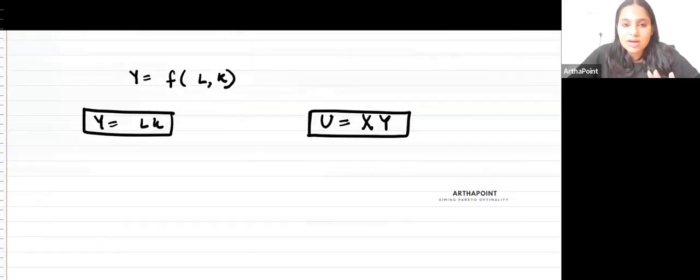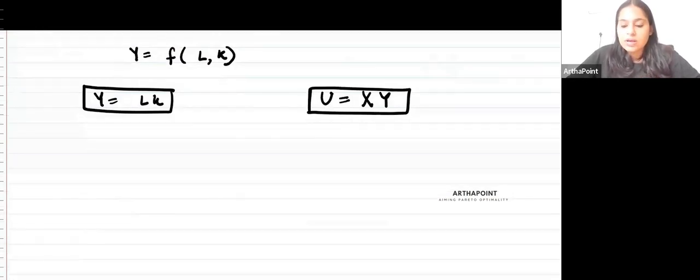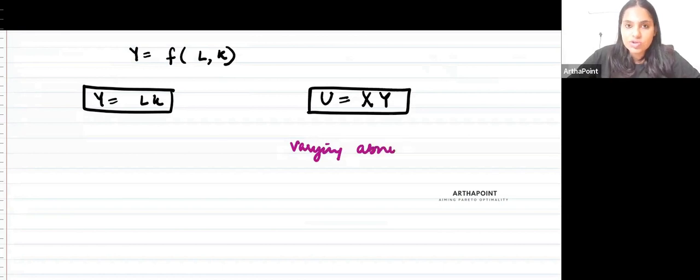So consider the utility function that we have been doing till now. None of you asked me this question: ideally I am varying the amount of X. I can change the amount of X that I want to consume.